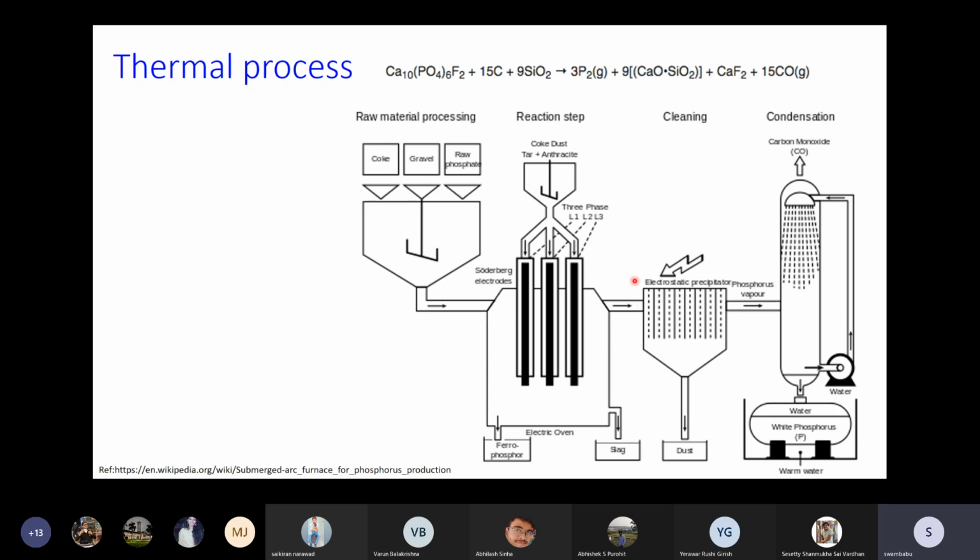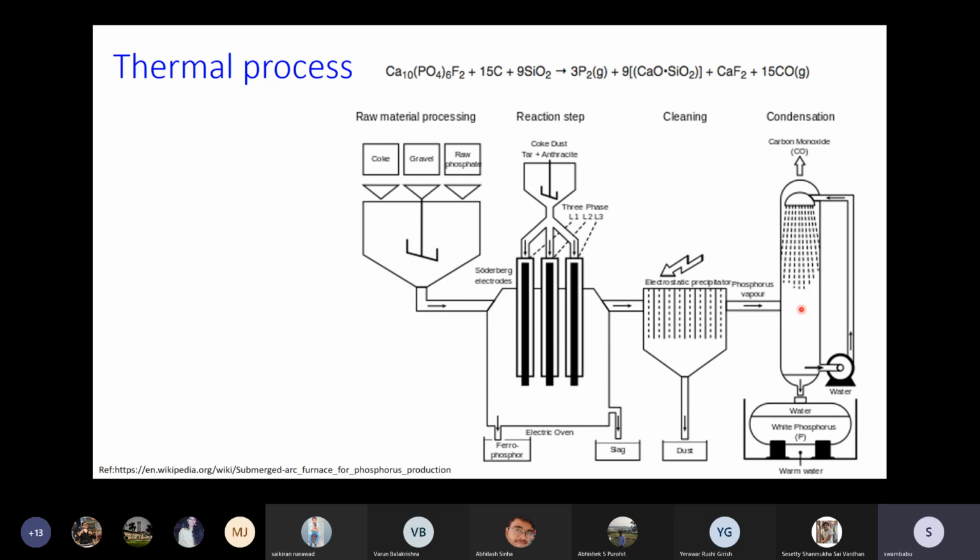So whenever fine particles come out with the vapors, we need to separate the solid particles from the vapors. Here one of the important unit operations is the electrostatic precipitator. The fine particles of rock, coke or gravels are removed with the help of this electrostatic precipitator. So the dust particles are removed, and the phosphorus vapors and carbon monoxide vapors are sent into this one.